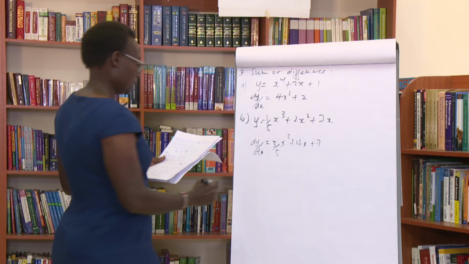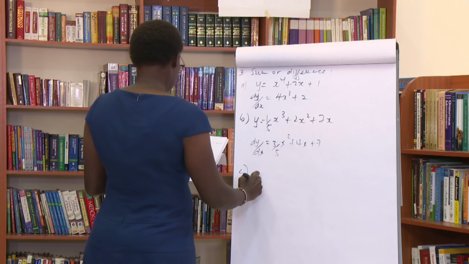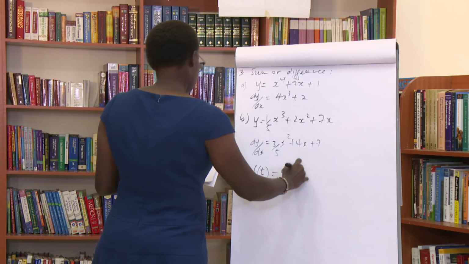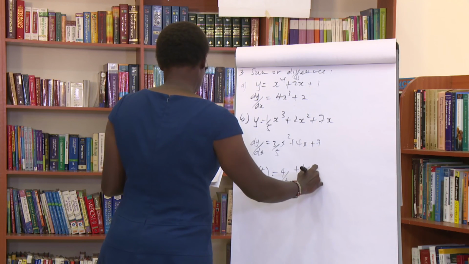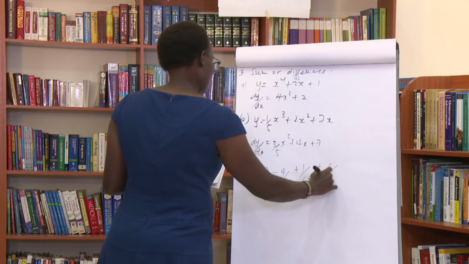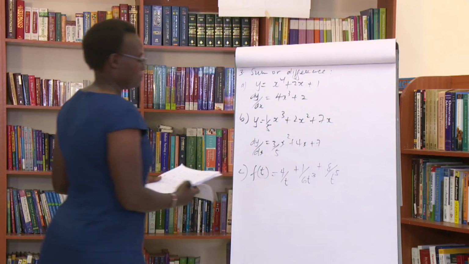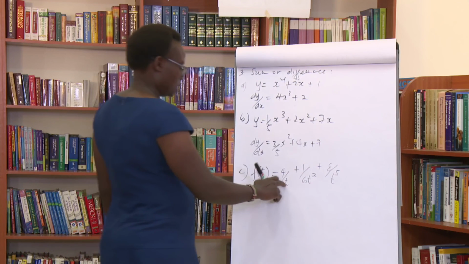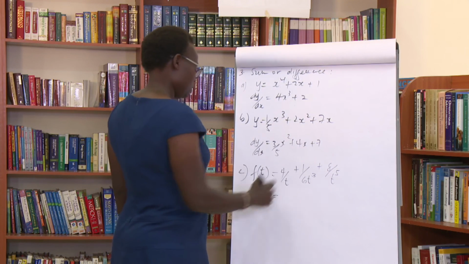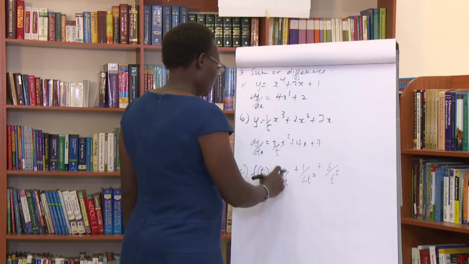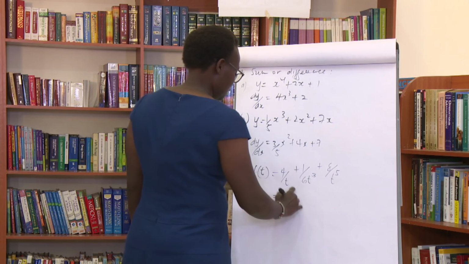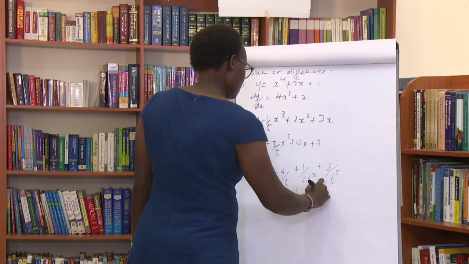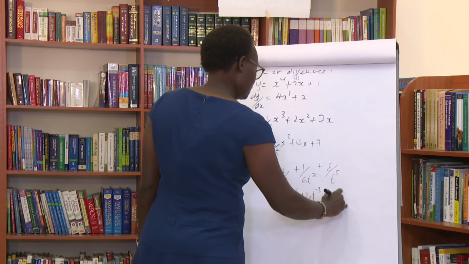One last example on this. You're given f of t as 4 over t plus 1 over 6 t cubed plus 8 over t raised to power 5. In such cases, you have to make this part of your numerator. So that's 4t raised to power negative 1 plus 1 over 6 t raised to power negative 3 plus 8t raised to power negative 5.